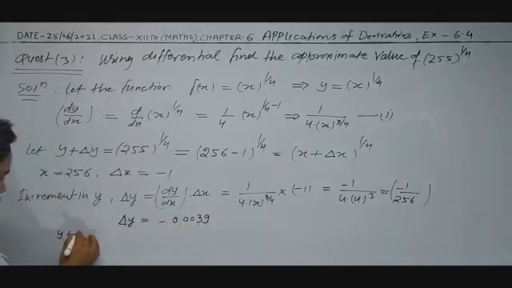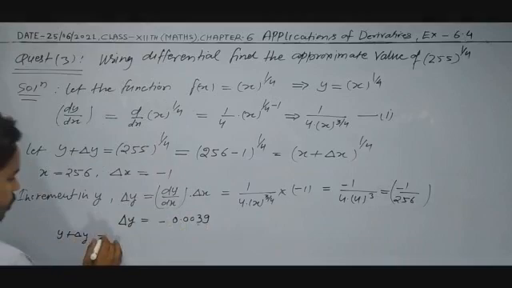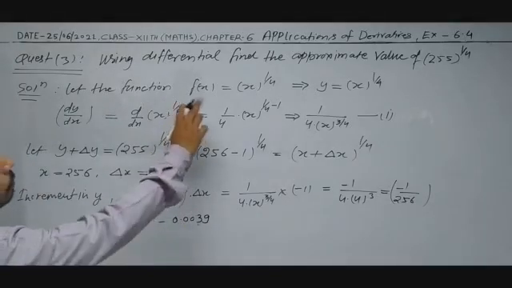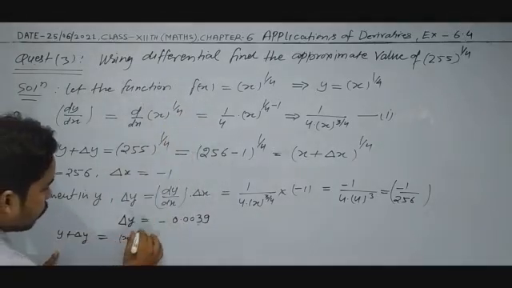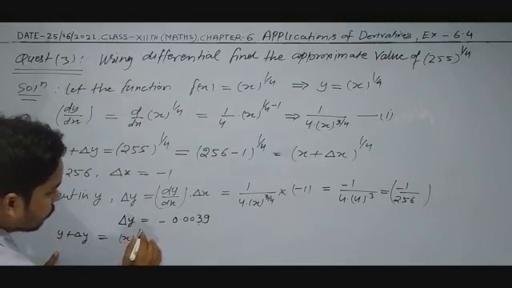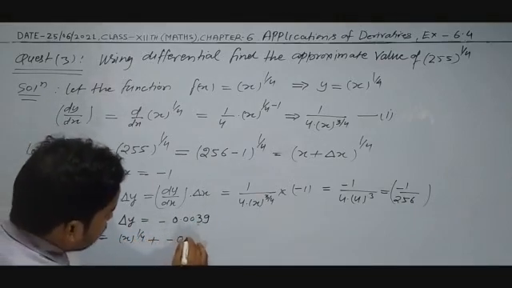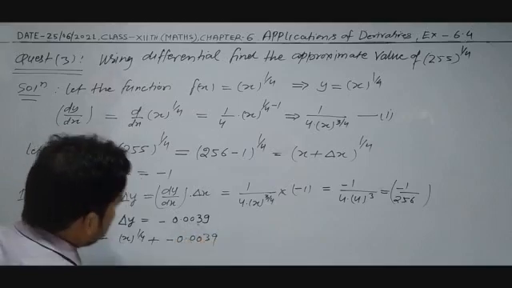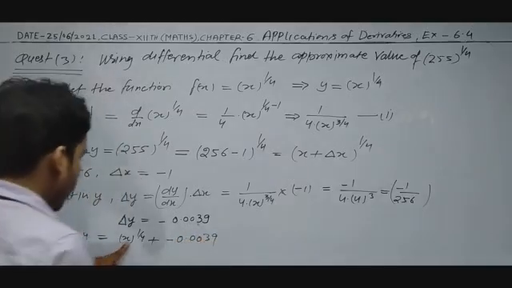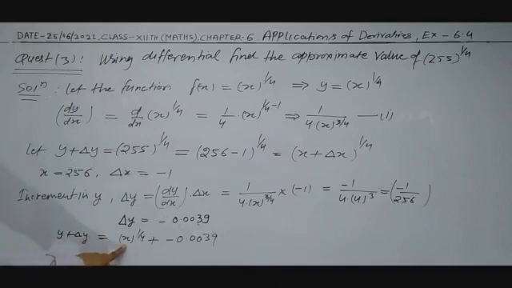And we have to find out y plus del y. So y is equal to the fourth root of x, plus del y value which is minus 0.0039, and x is equal to 256, then you will get 4.